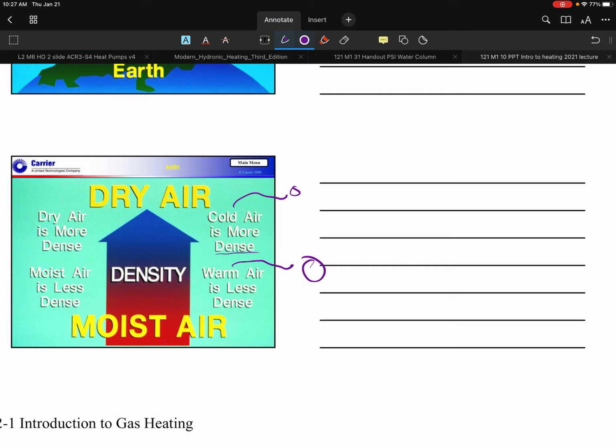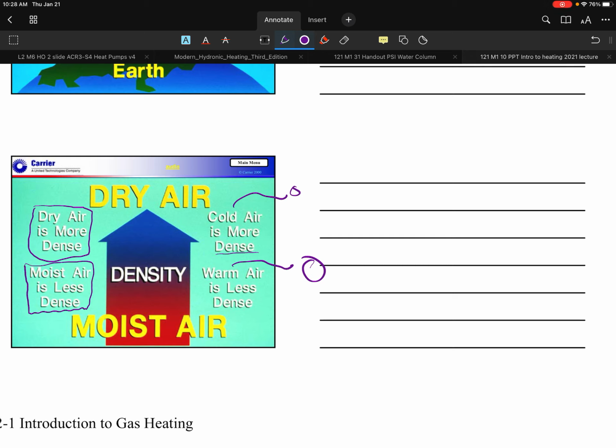Now, the one that's sometimes a little more confusing to many people, and in some of our classes we talk about the difference between dry air and moisture and where moisture goes within a system. One of the examples I often use is that dry air is more dense and moist air is less dense.